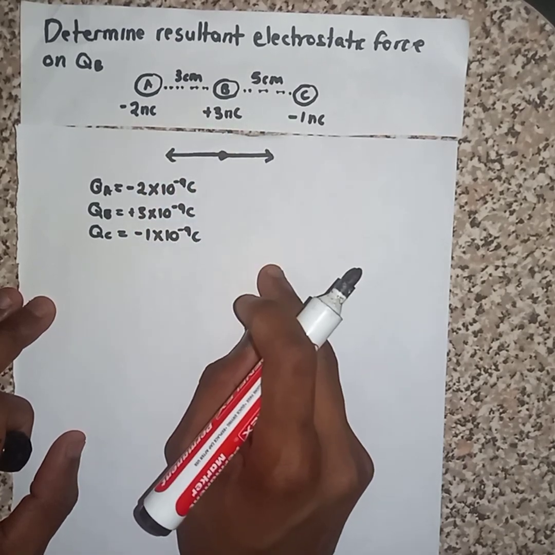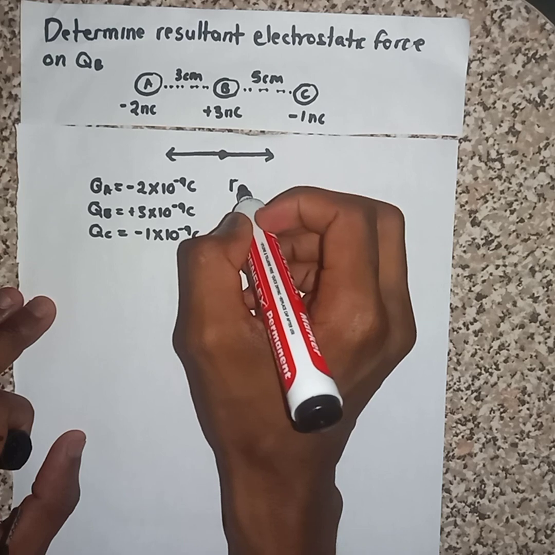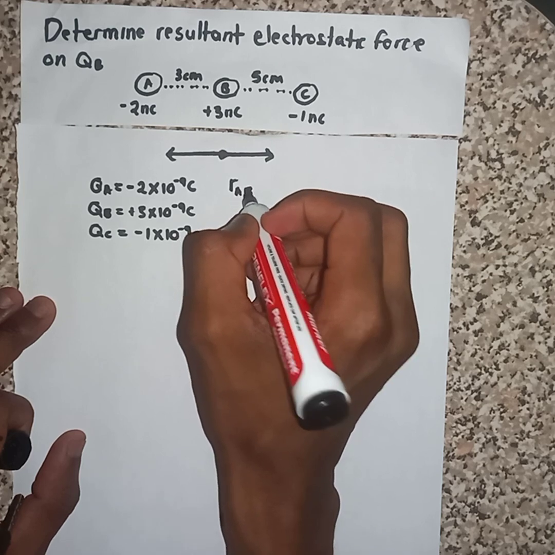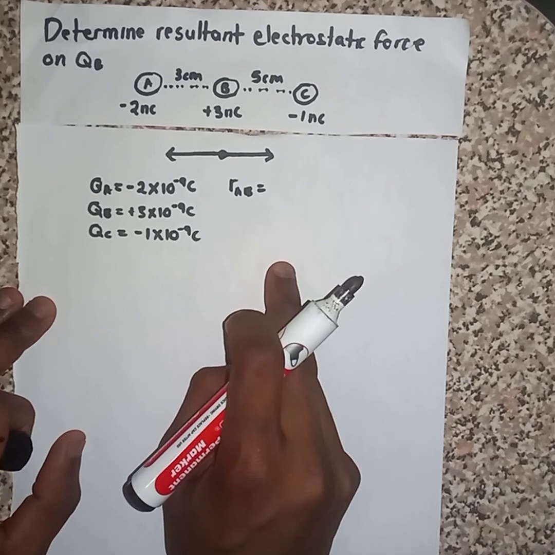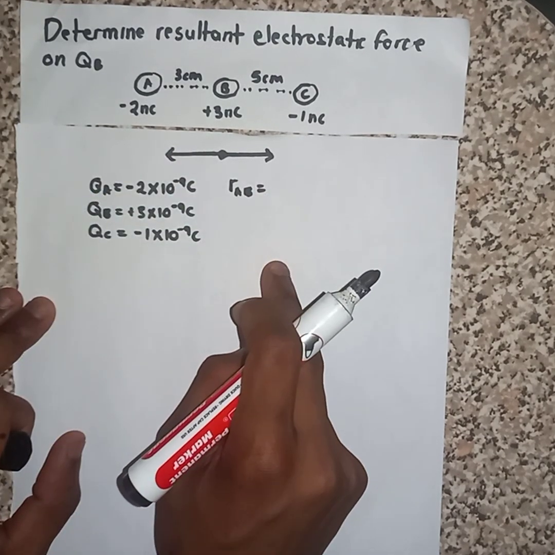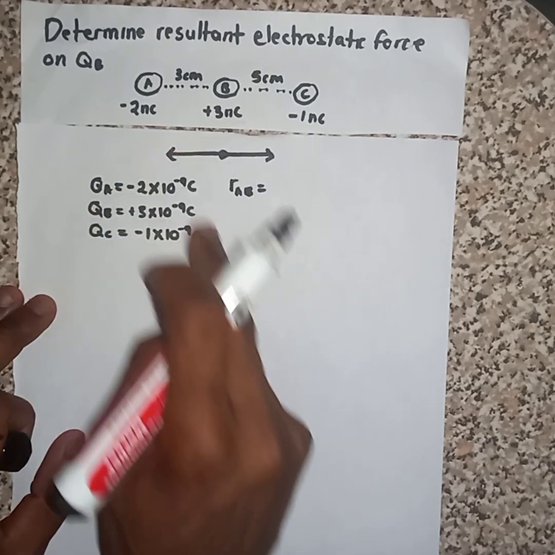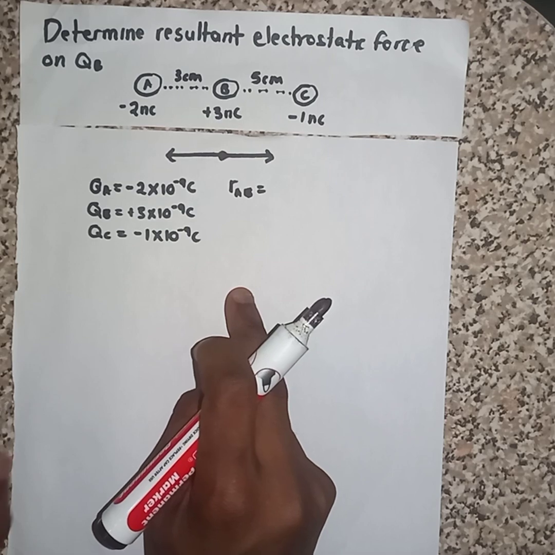Let us consider our distance as well between A and B. We must divide our distance by 100 for our distance to be in meters, not centimeters. Let us divide our 3 centimeters by 100.